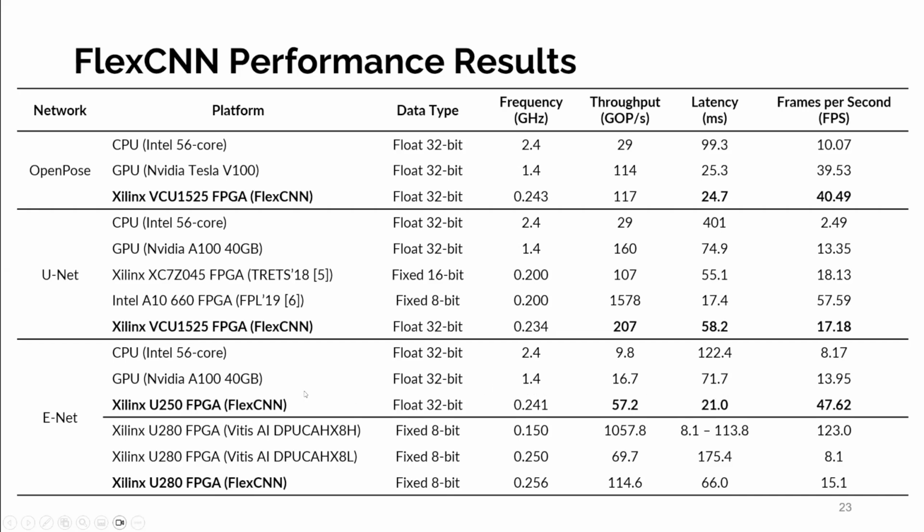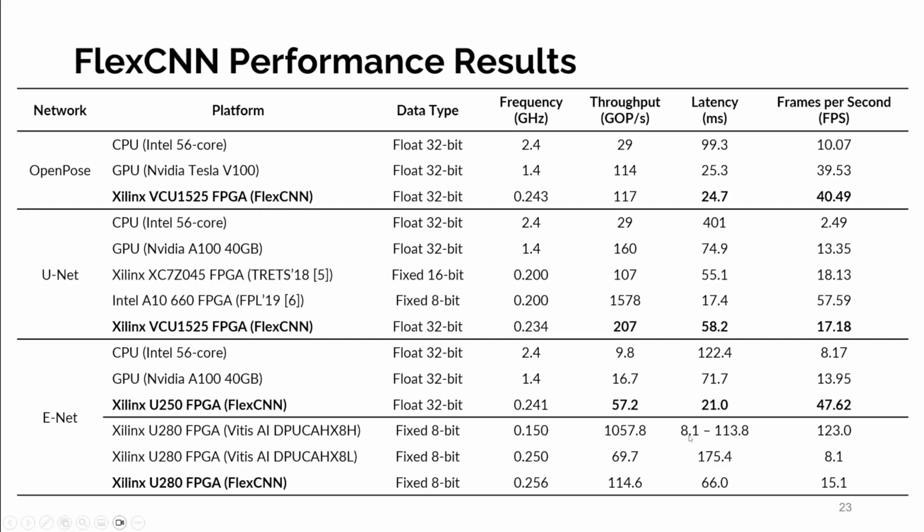And then we also compared with the Xilinx Vitis AI DPUs. These DPUs are RTL designed, optimized engines for deep learning applications. The first one is optimized for high throughput. The second one is optimized for low latency. We see that the high throughput one can achieve much better performance compared to our work.